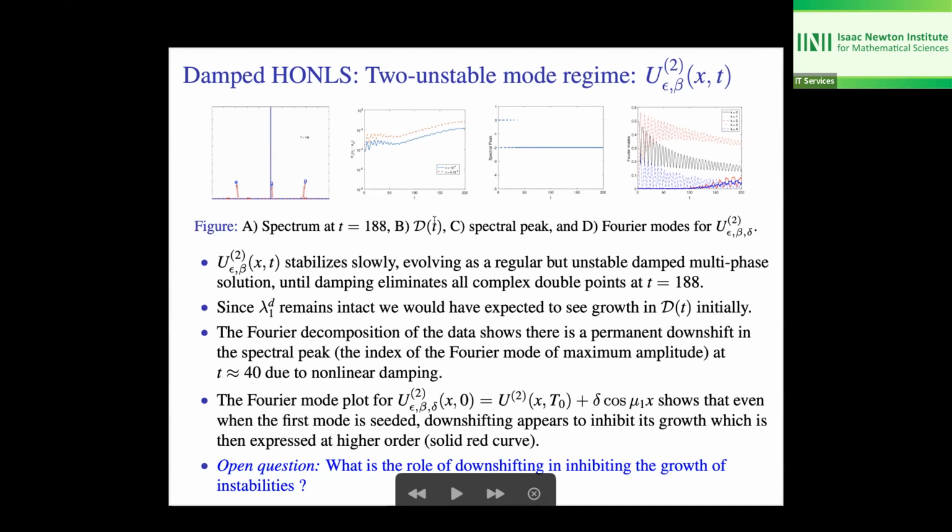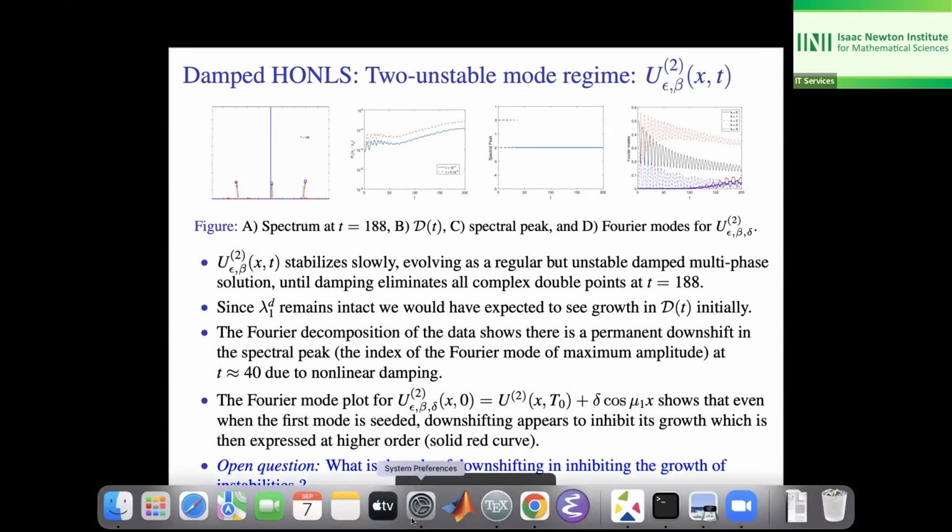And so nonlinear damping seems to inhibit the growth of the instabilities until the spectrum has downshifted. After it downshifts, you see the growth pick up, the instability start to be excited, and you have to then wait until the solution is sufficiently damped that the instability saturates.